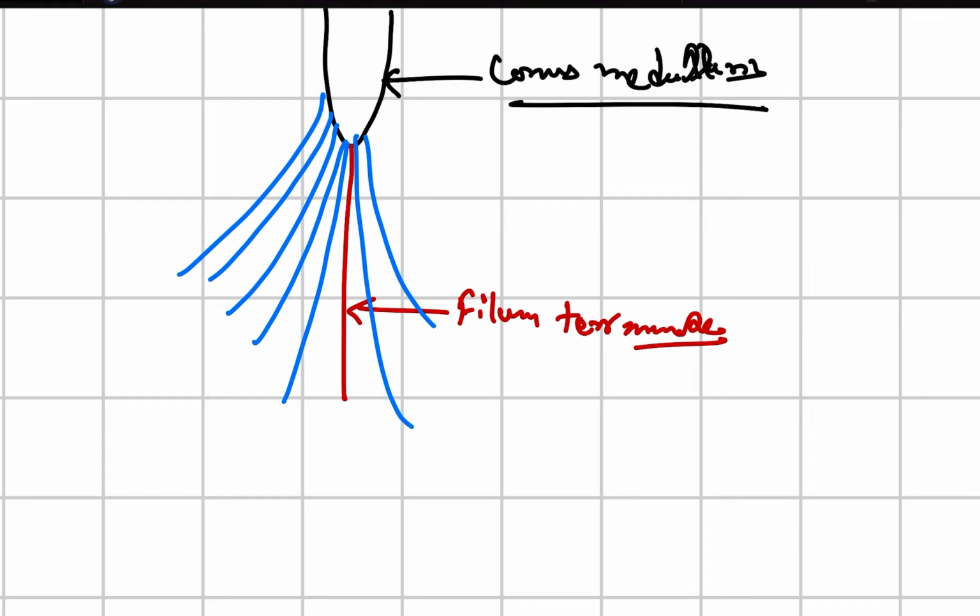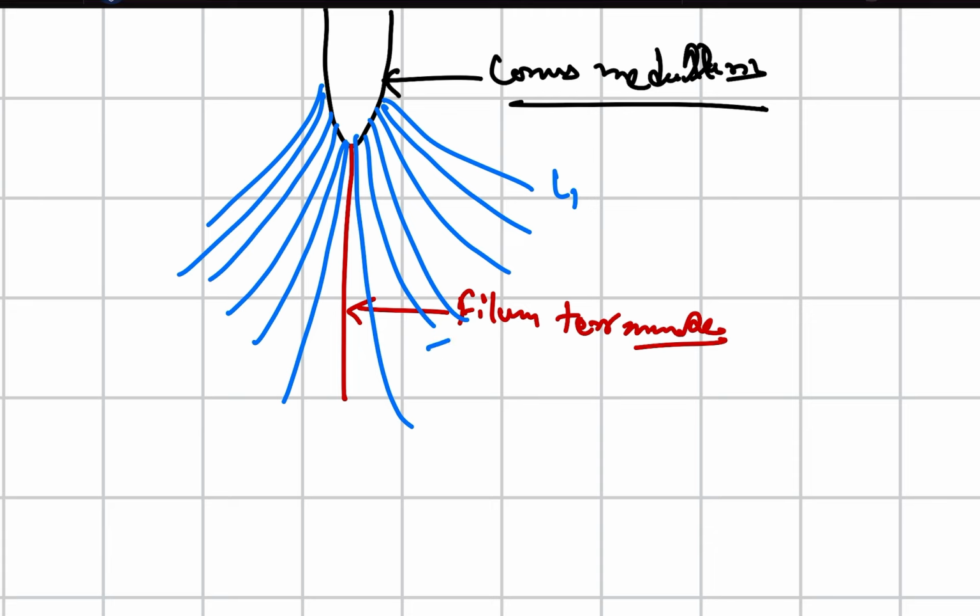These nerves arise from here, L1 to S5, and it looks like the tail of a horse. So this is known as cauda equina.